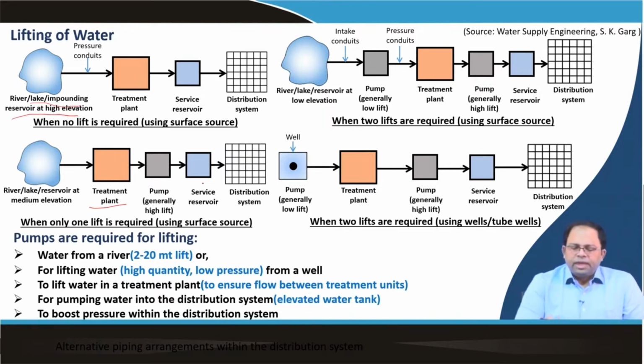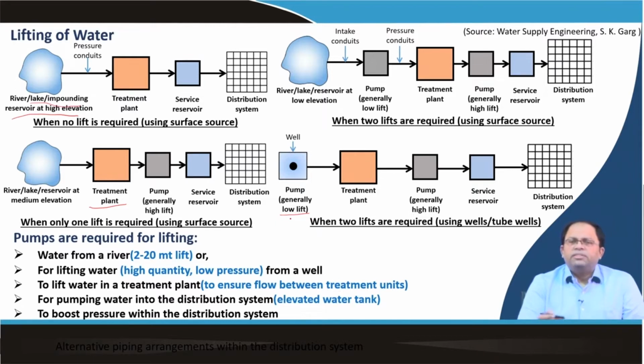Similarly, wherever there is a groundwater source, like for example a deep tube well, we also use a pump to lift the water, but this is a low lift pump, because you do not need to lift the water for too much head; in this particular case the total amount of head would not be that high.